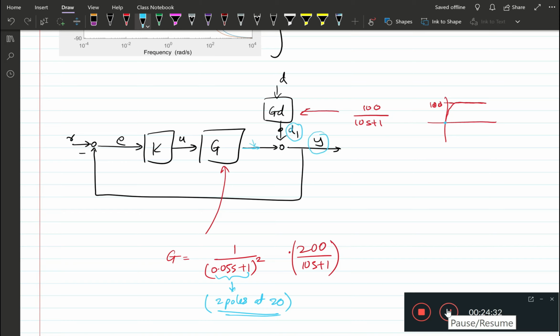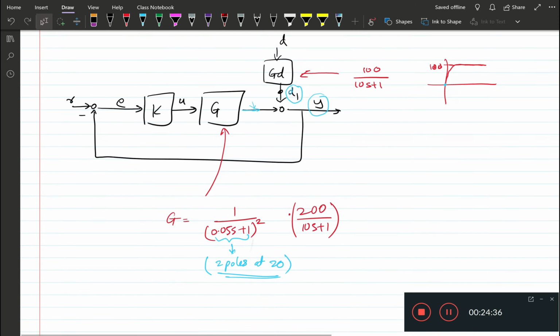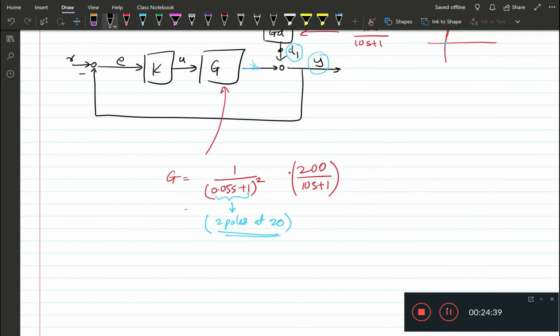So the next immediate question would be, can we solve a slightly simpler problem where this pole is faster?